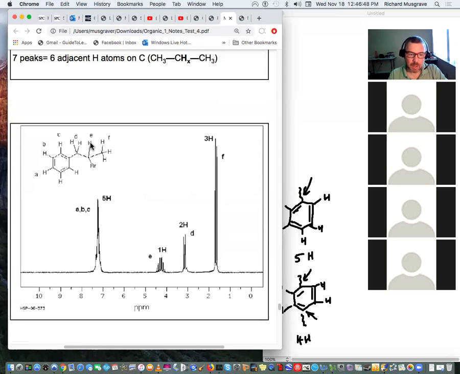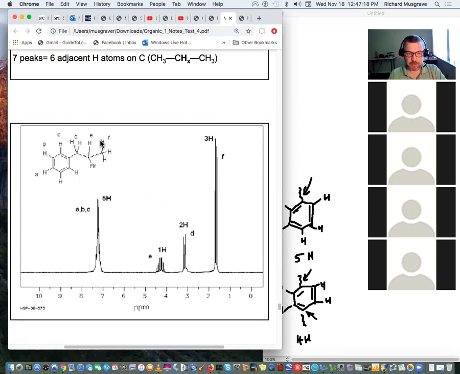Now, we don't count the hydrogen we're actually talking about, right? So we're looking at hydrogens on adjacent carbons, and here they are. 1, 2, 3, 4, 5. And by adjacent, I mean next to. So we've got the CH, and then we've got hydrogens connected to Cs next to the CH. And that would be responsible for these 6 peaks. N peaks, N-1 hydrogens on adjacent carbons.